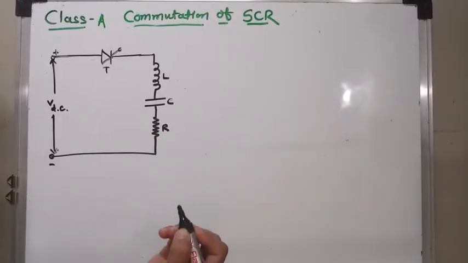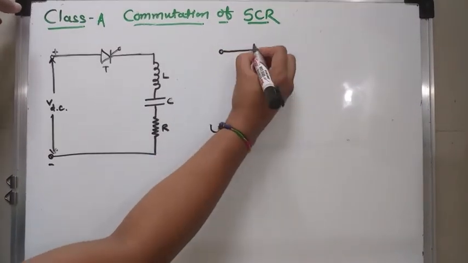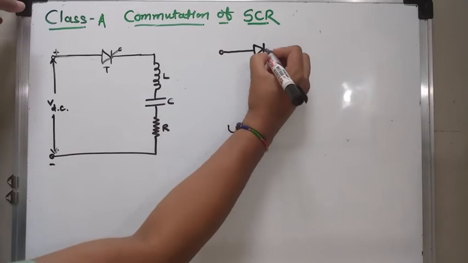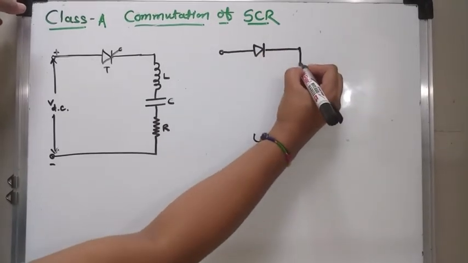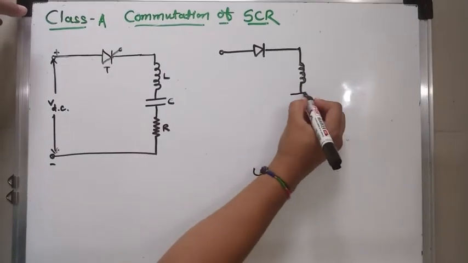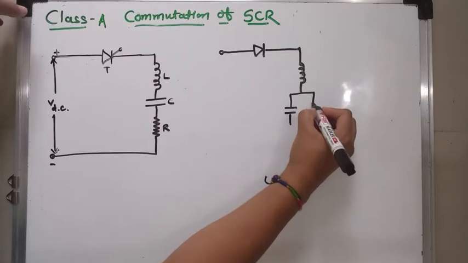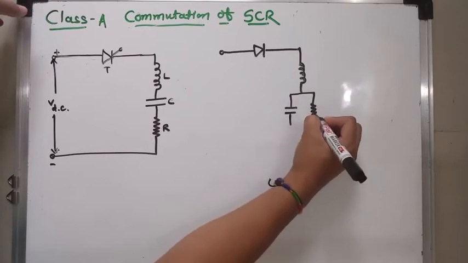And the other way of connection is like this: the thyristor, then the inductor L, then the capacitor connected in parallel with the resistive load.